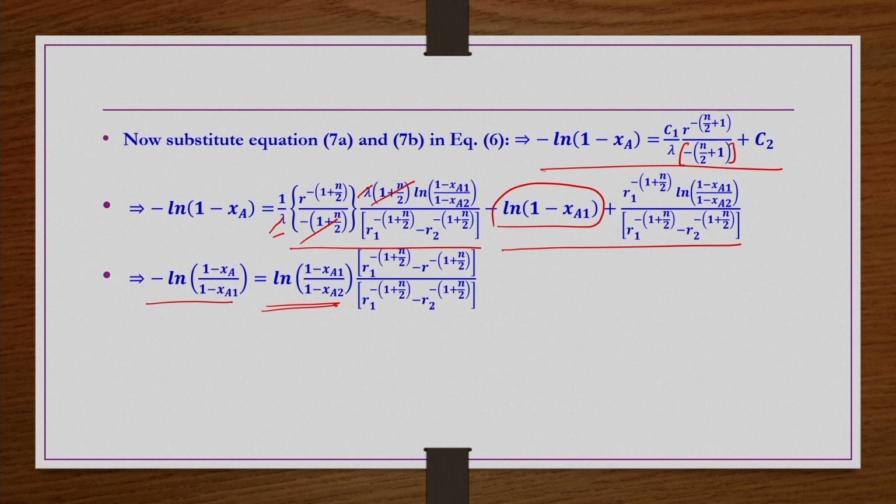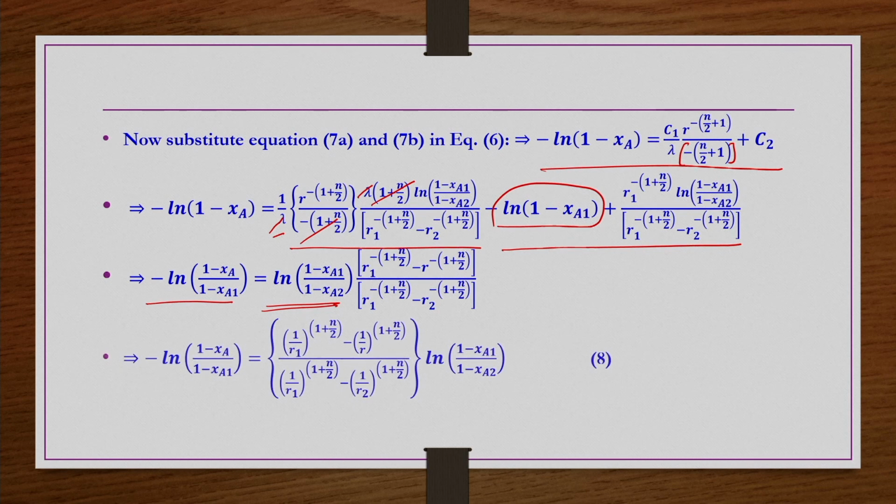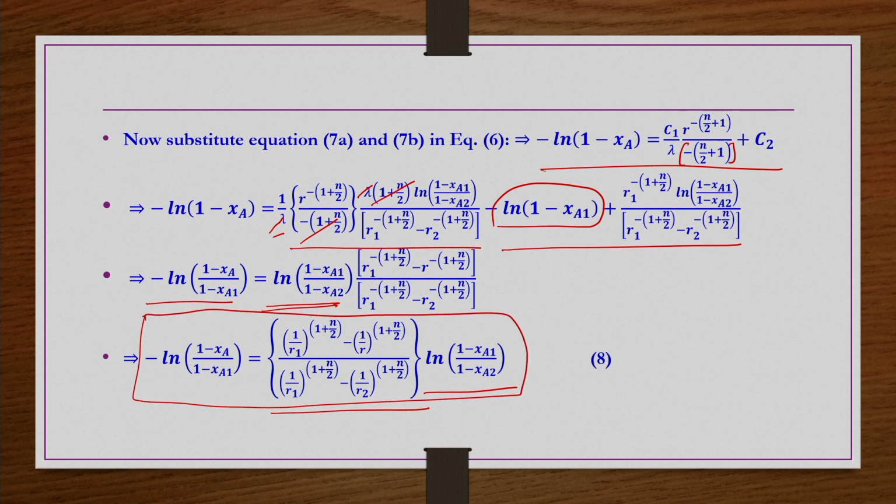So, all of these r's are having a negative power, so we can write a reciprocal of them. So, this is what you are having, multiplied by ln((1 - xA1)/(1 - xA2)).